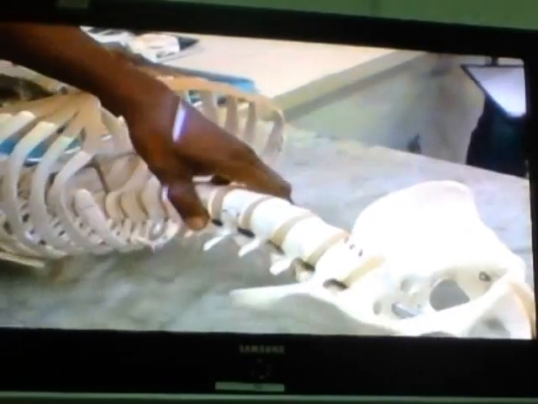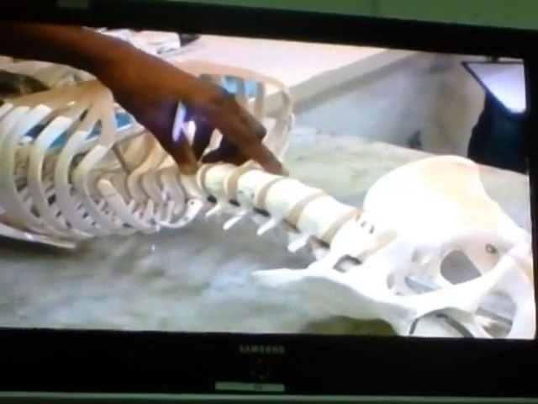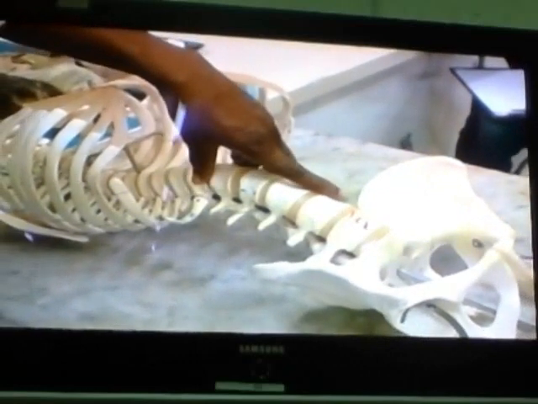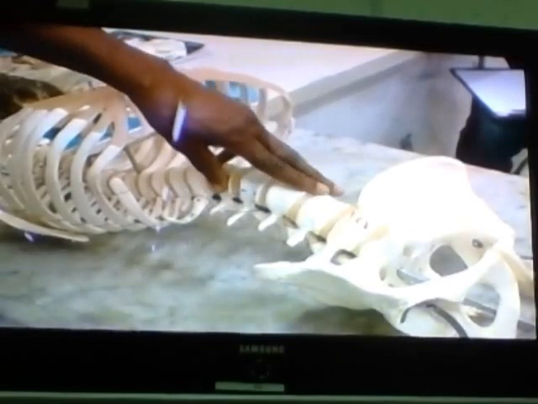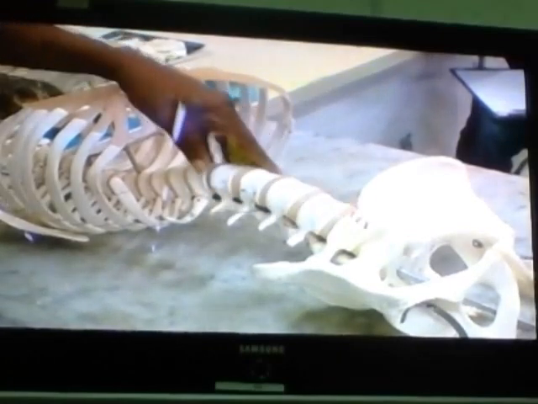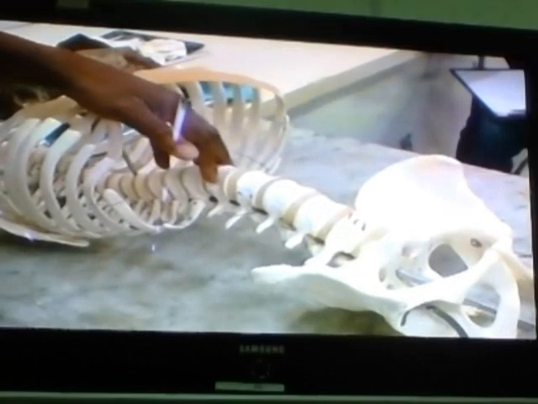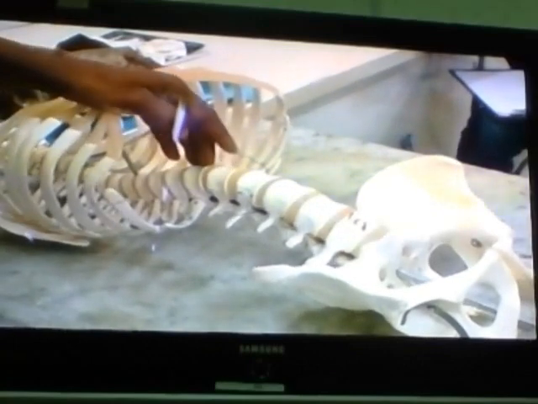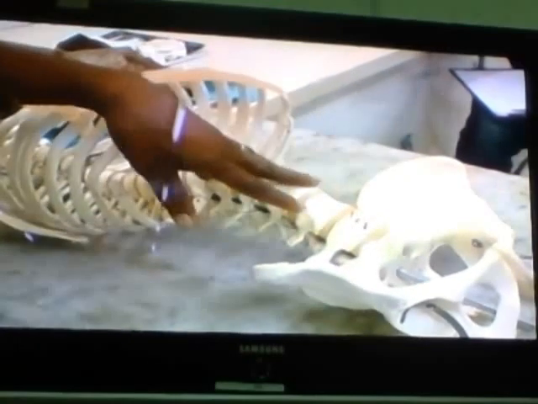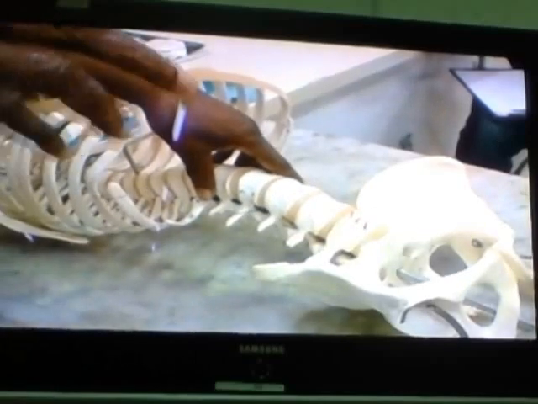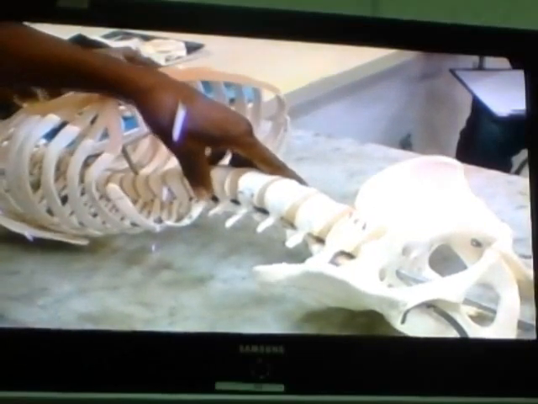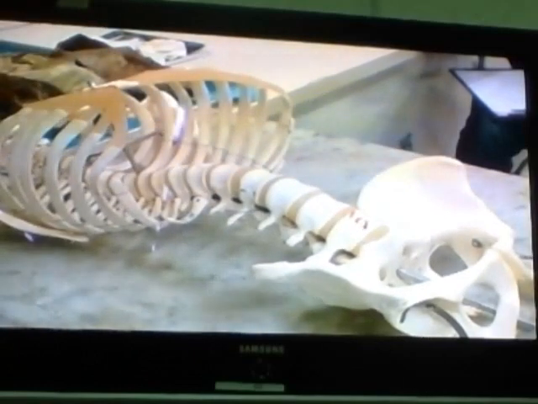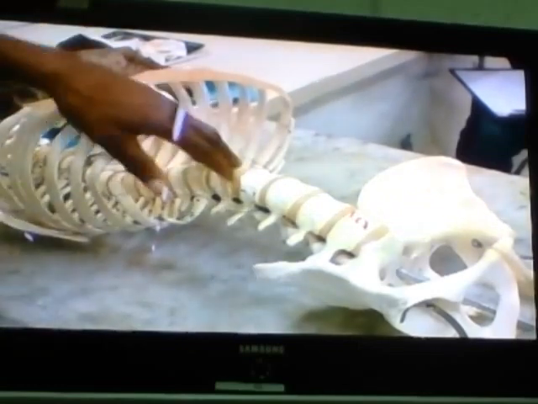And what's the opposite of a lordosis? A kyphosis. Kyphosis is a kind of curve that kicks out to the side, or backward. If it's coming forward, then you have a lordosis.